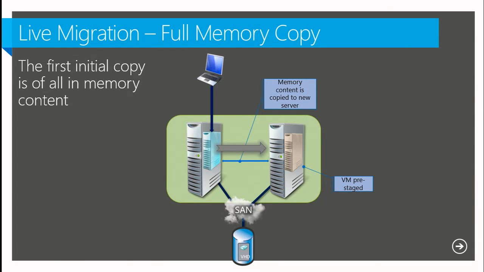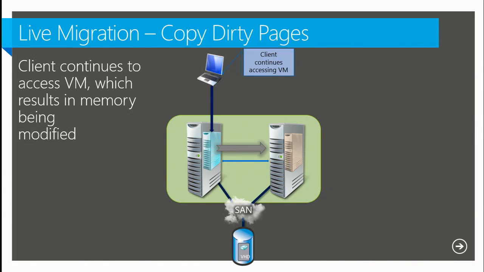While this is happening, don't forget, our clients are still connected. They're still accessing that VM. Memory is still changing, so we need to make sure that we capture those changes as well. After we start that initial live migration and start copying the memory over, we keep track of any other changes that happen, anything else which gets modified, any dirty memory pages.